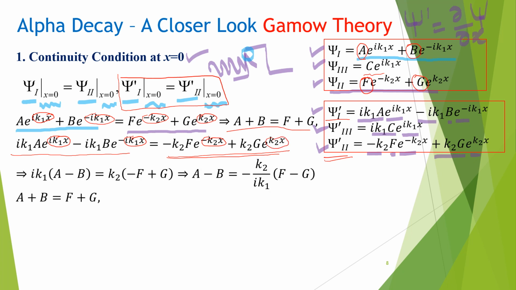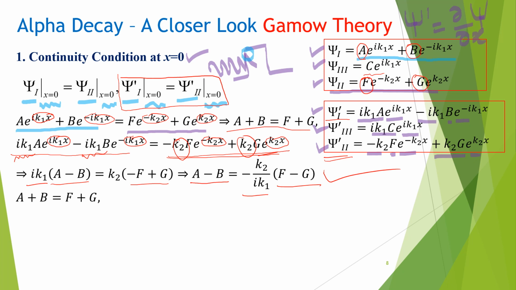So on simplification, we are able to obtain ik1, which is common in this part, times a minus b, and k2 we can take common, and we can write g minus f, or minus f plus g, it does not matter. So we can simplify this expression to a minus b equal to minus k2 upon ik1 times f minus g. So this we have simplified.